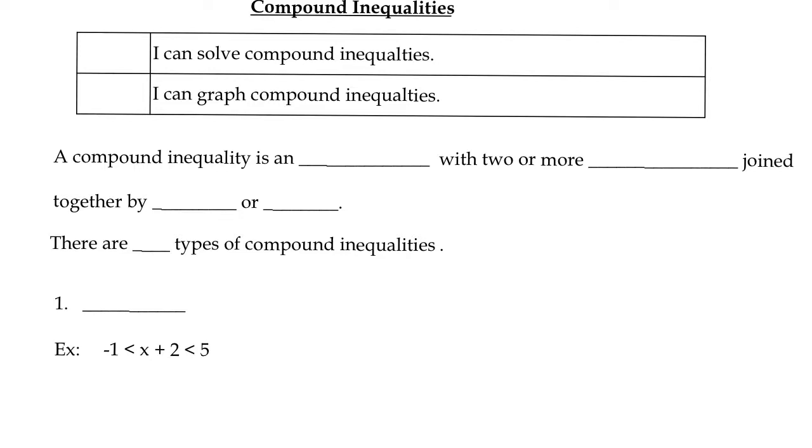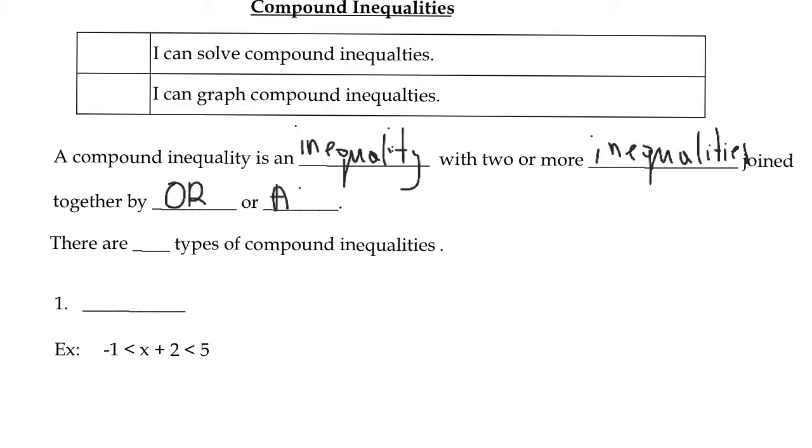So let's start with one definition. A compound inequality is an inequality with two or more inequalities joined by, okay, this is important, joined by or, sometimes it could be and.